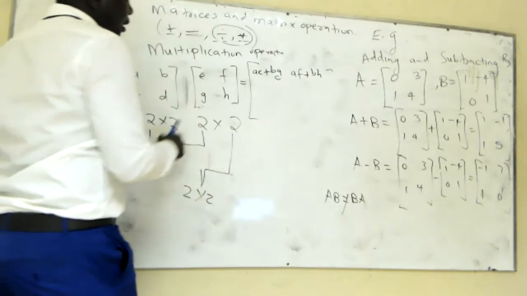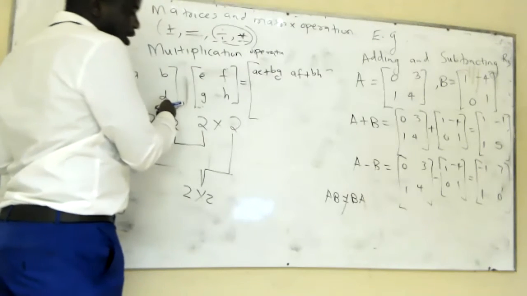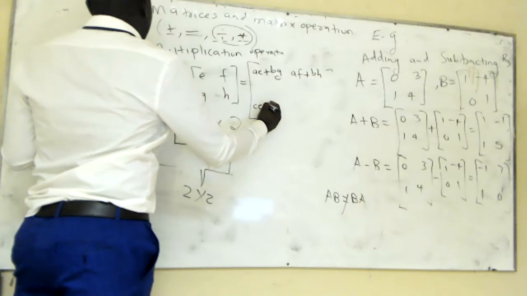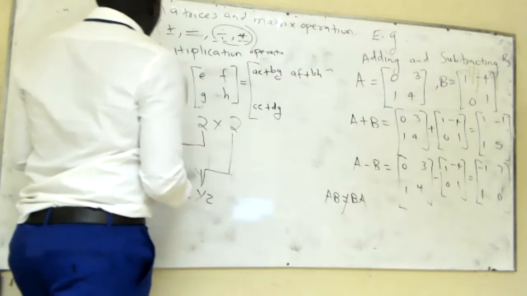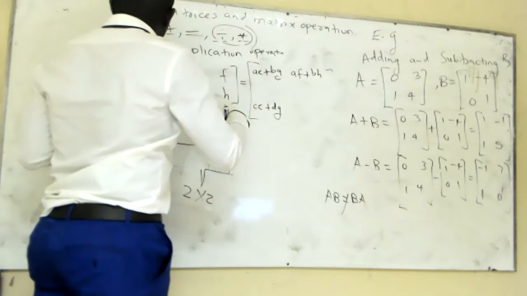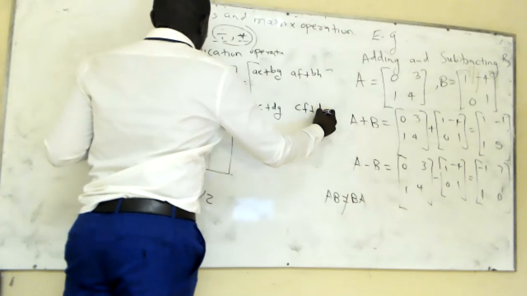To obtain the third component, you multiply the second row with the first column, which is going to be CE plus DG. And then the last one, you multiply the second row with the second column, which is going to be CF plus DH.